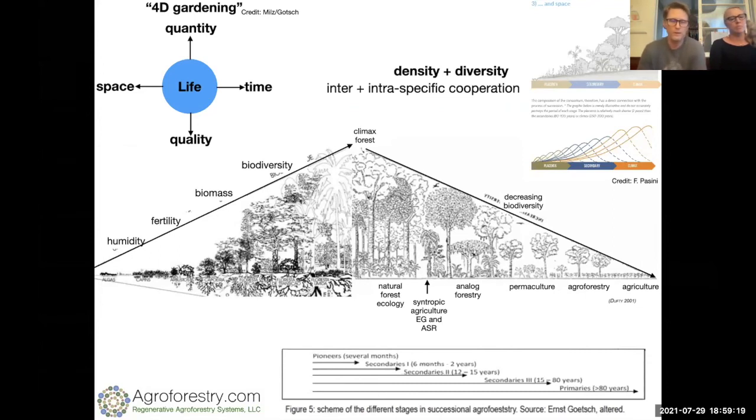Our goal is to allow all of the different species in the system to completely live out their lives, and fully express themselves, and go through as much of their life cycle as is appropriate for their role in the system. And what we're basically doing is balancing numbers of individuals versus quality of life in a particular area over time.